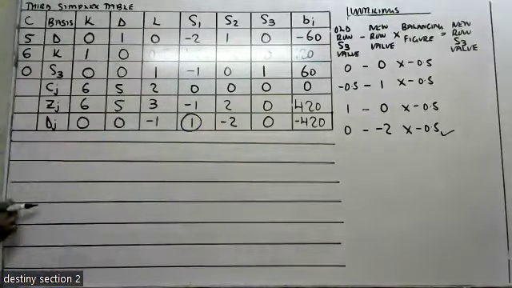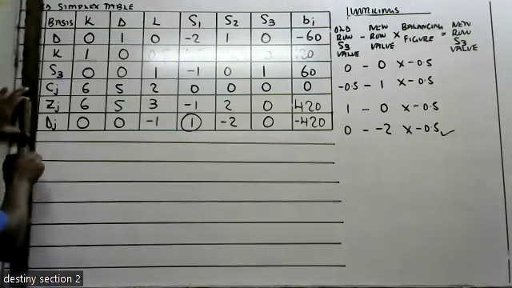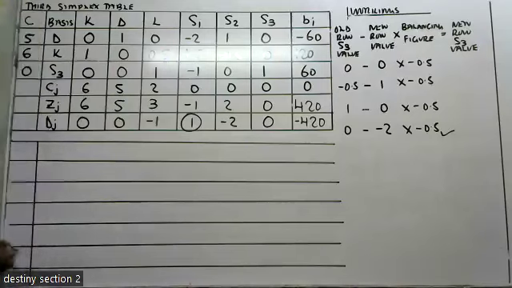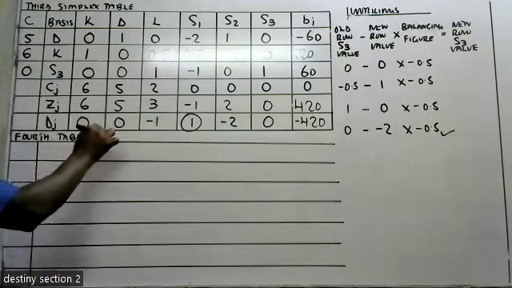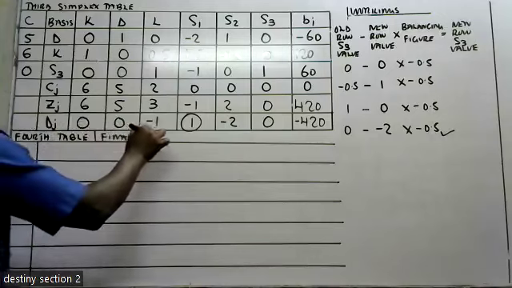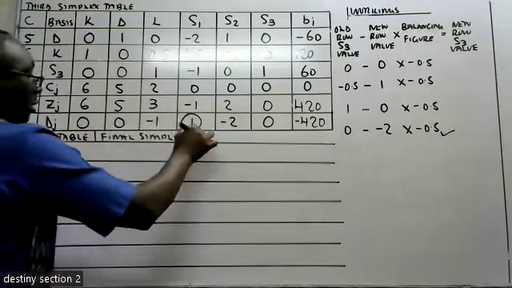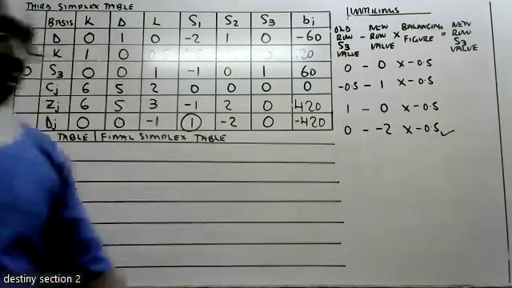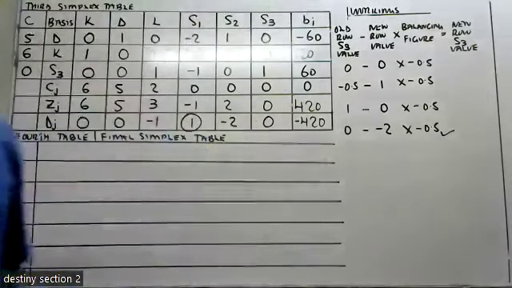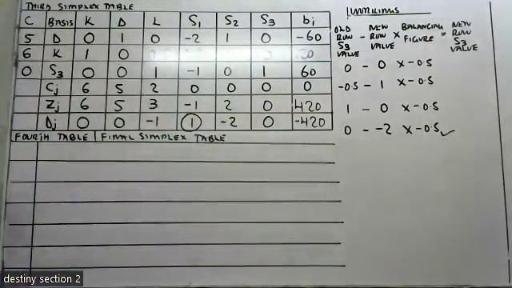So 1, 2, 3, 4, 5, 6, 7. So I'm saying this is the fourth table, which is the final simplex table. The examiner did not want us to go through all this, the table 2, 3, because there would not have been enough time. So the examiner gave us the solution.